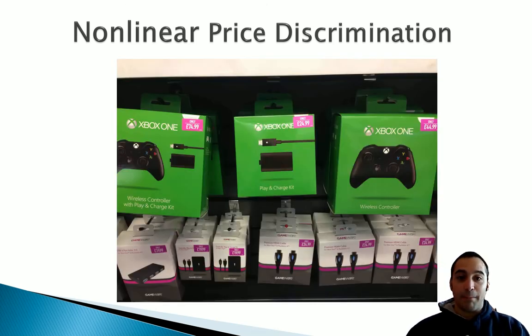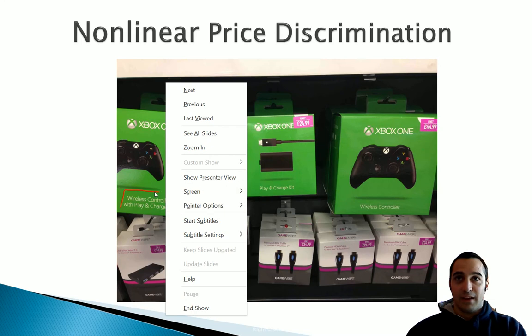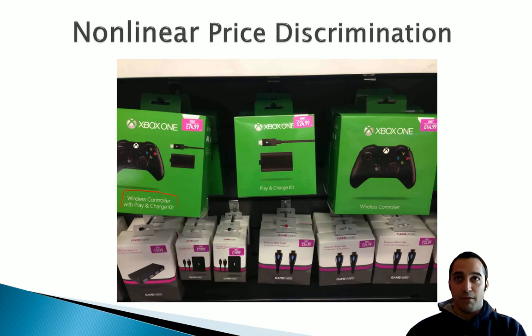Here's a funny example of nonlinear price discrimination that I found on the web years ago. Look at this picture and see if you can tell me why I took this picture and why I think it's funny. Hint: it's nonlinear price discrimination done wrong. Hopefully you noticed that the wireless charger with play kit is a bundle of the two goods on the right, the play kit and the controller. Since it's a bundle, you're forced to get both objects together.